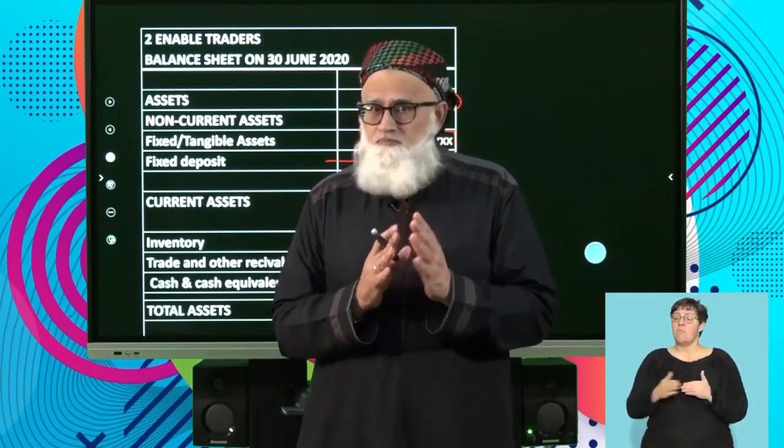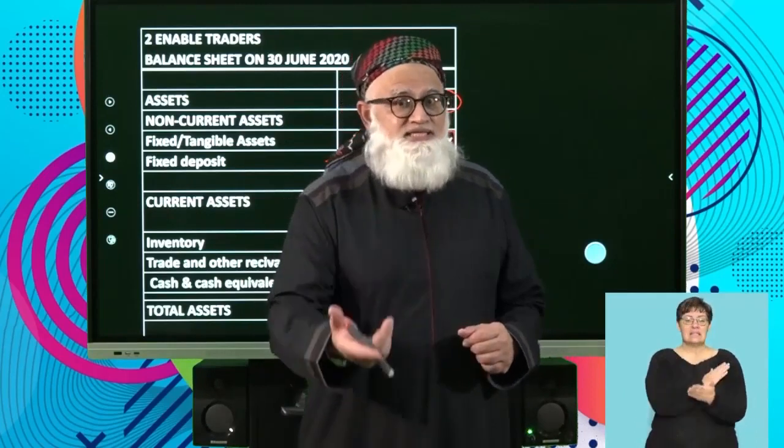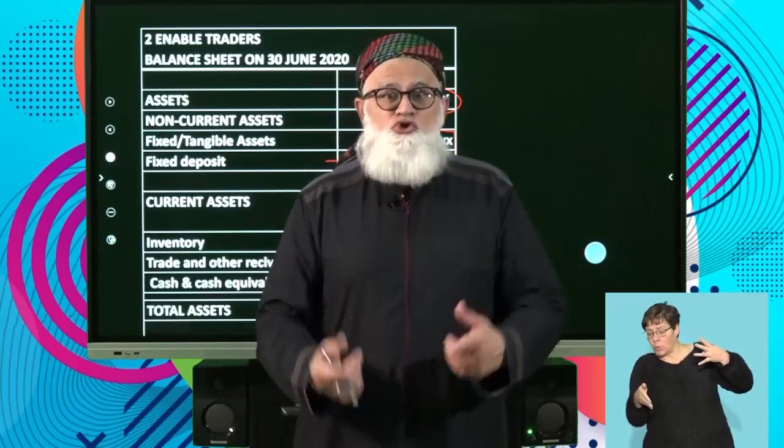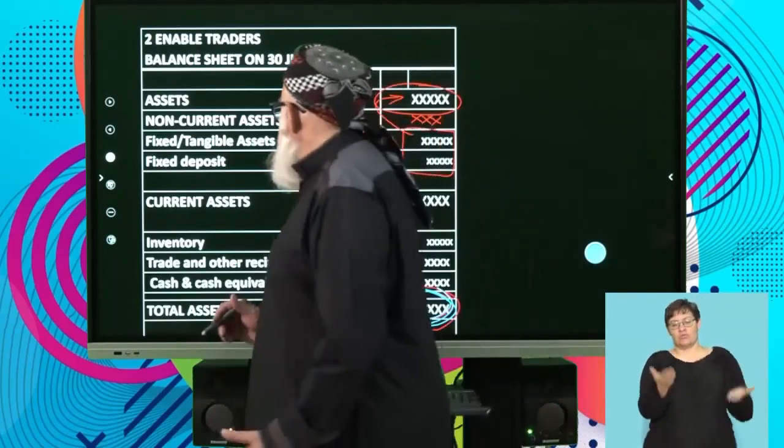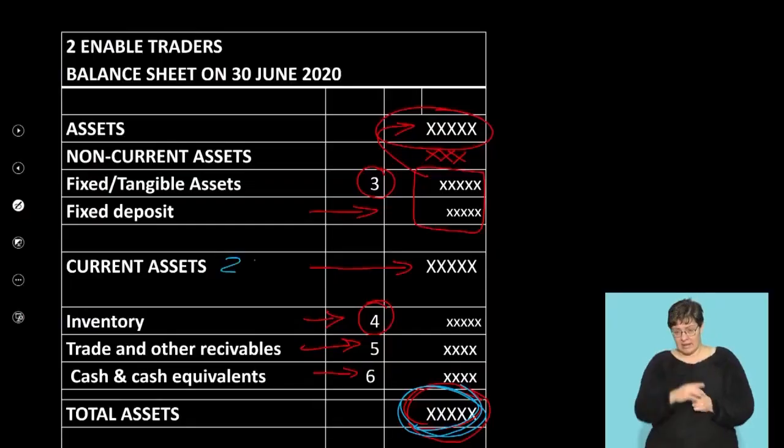Now, another important consideration here is sometimes you are given financial indicators to work out missing figures. Please, you must be able to do that. For example, if you are given a current ratio of 2:1, right? That means current assets is to current liabilities is 2:1.